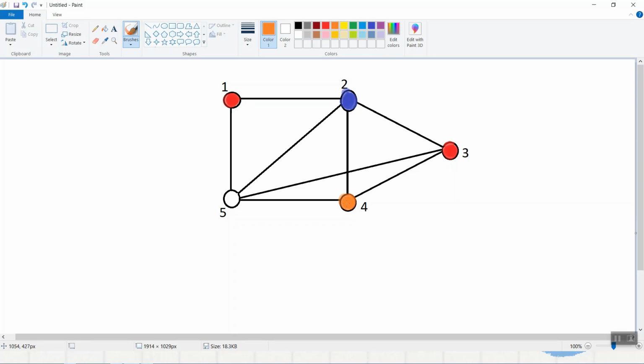Then let's move to number 5 vertex. 5 is adjacent to number 4, so we cannot have orange color also. For number 5 vertex also, we need to have one new color. So I am going to apply green color for number 5.